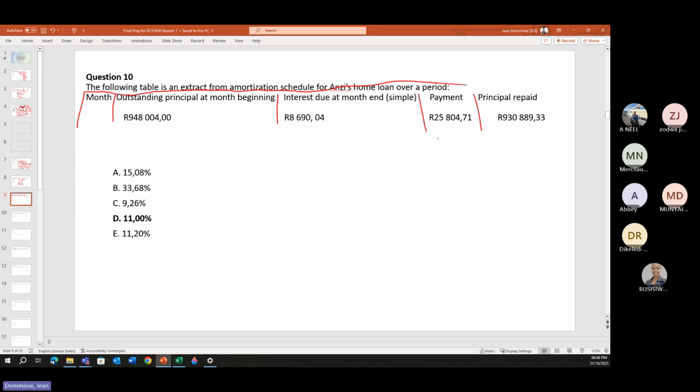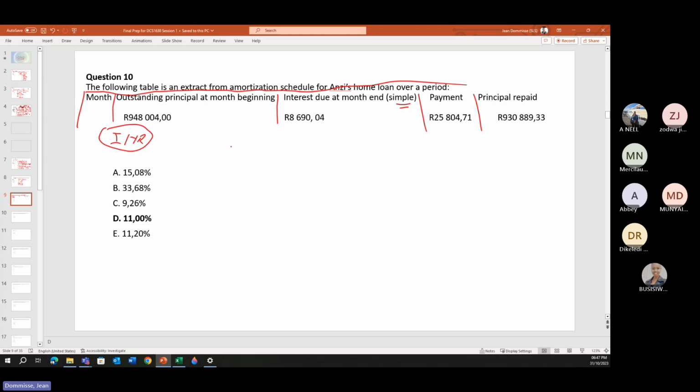oh, and I should have added that, they ask us what is the applicable interest rate that was used in this calculation. And so we will need to work out the interest rate. So one thing they tell us, simple interest.